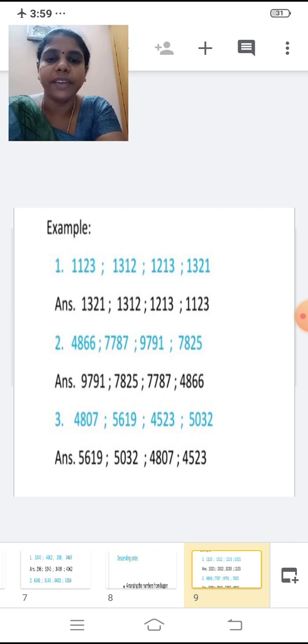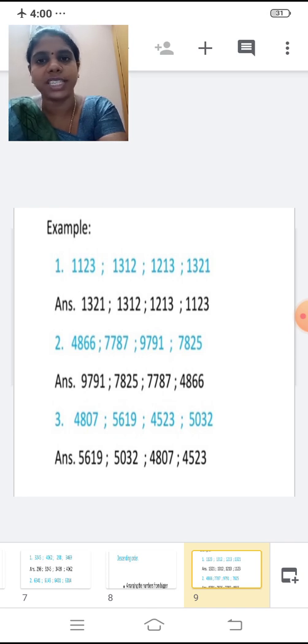Then 5032. Then we have 4 in the thousands place. First number and third number we have 4 in the thousands place. So now compare the hundreds place now. 8 in the hundreds place. In the third number 5 in the hundreds place. Now tell me whether 8 is greater than 5 or less than 5.